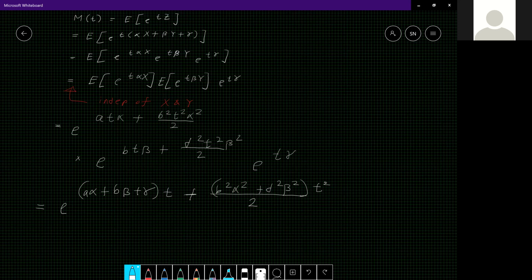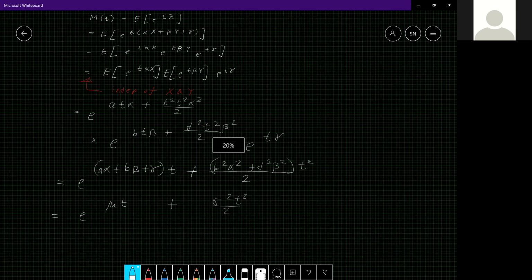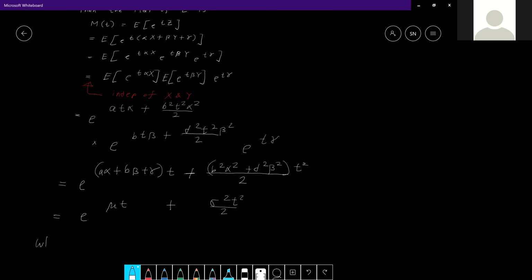Now what you have here, if you look closely, is precisely of the form mu t plus sigma squared t squared divided by 2, where your mu, the mean parameter, is equal to A alpha plus B beta plus gamma, and your sigma squared parameter, the variance, is b squared alpha squared plus d squared beta squared.